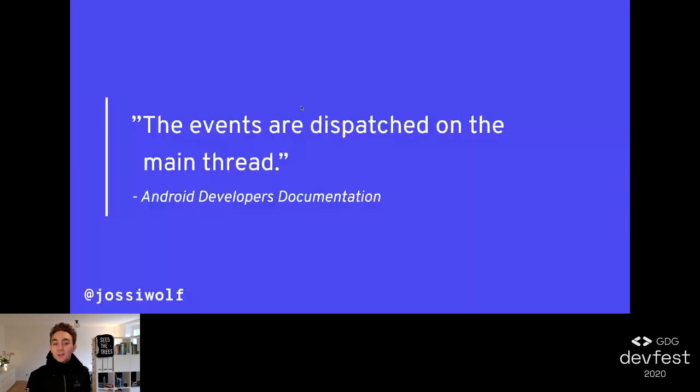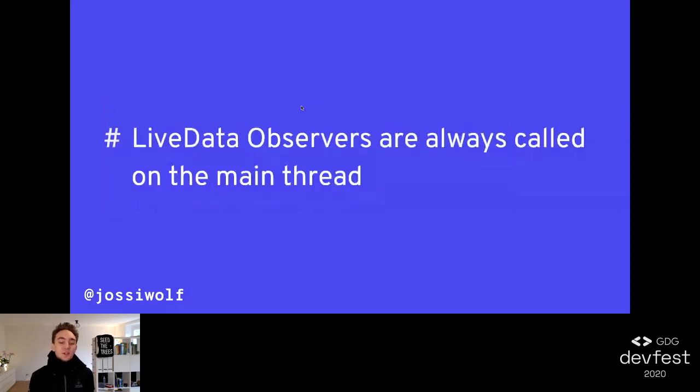So here's something fun we learned about observers and events in LiveData. Events are dispatched on the main thread, always. Turns out it actually makes sense to read the documentation. But that means that LiveData observers are always being called on the main thread.